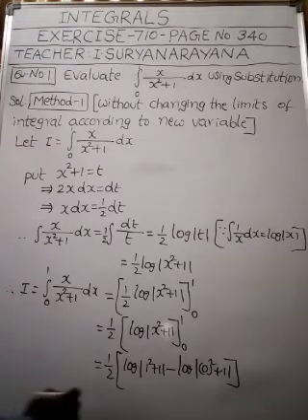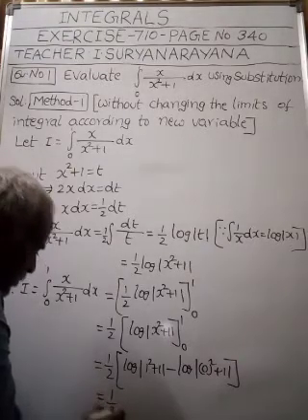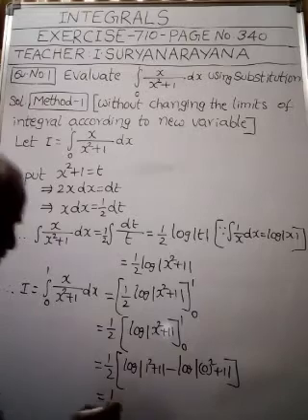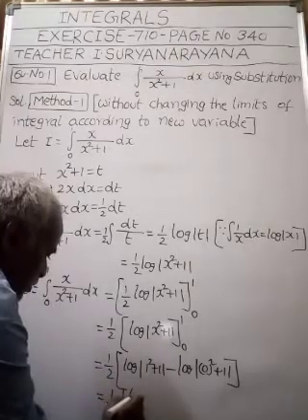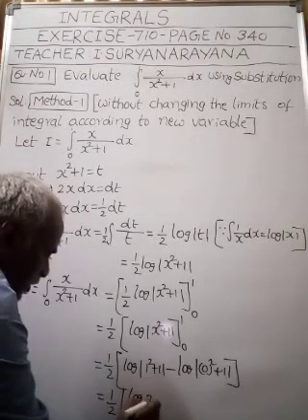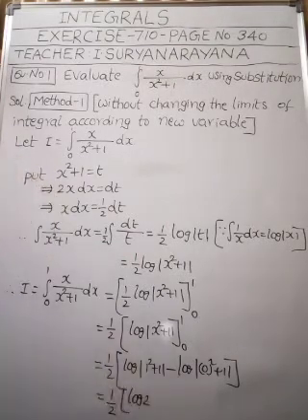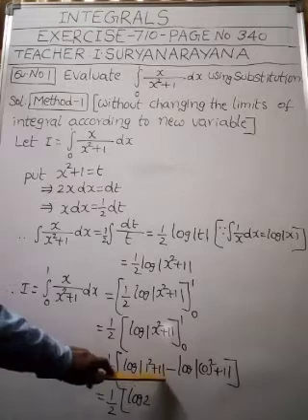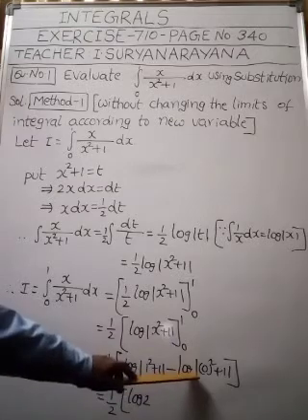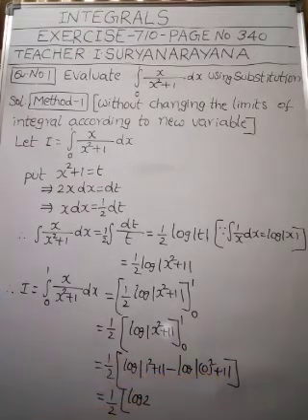This is equal to 1 by 2 into log 2. Yes or no, my children? 1 square plus 1 is 2, so log 2, minus, here what do you get? Log 1.